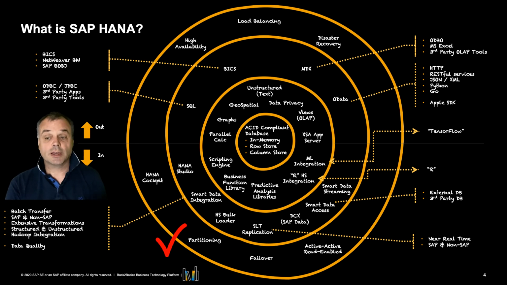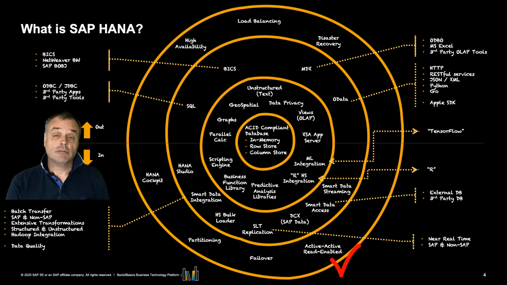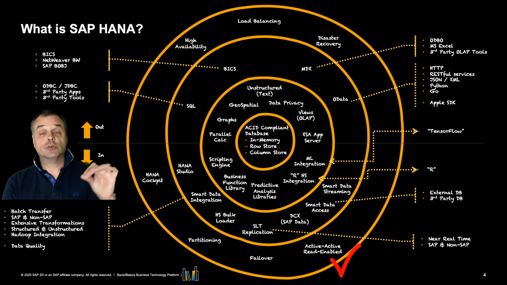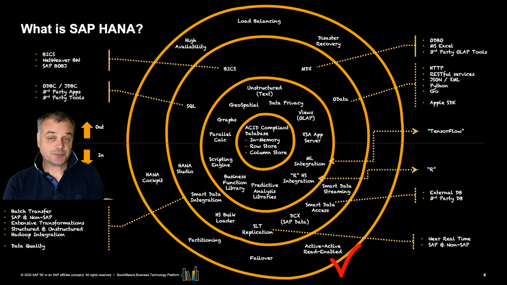We can parameterize it. And then we have active read enable. That means the secondary node of your production environment that is only replicated in real time can be used for reading purposes. So very interesting as well, again, in large deployments where we need full 24/7 access to the database.